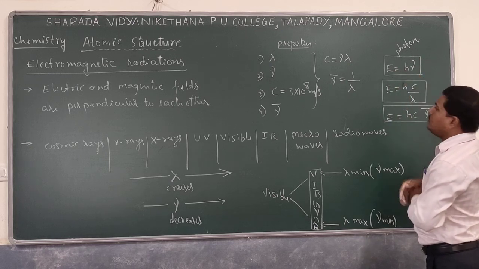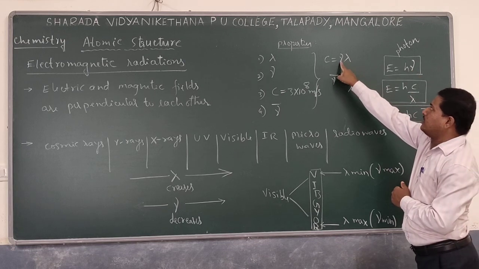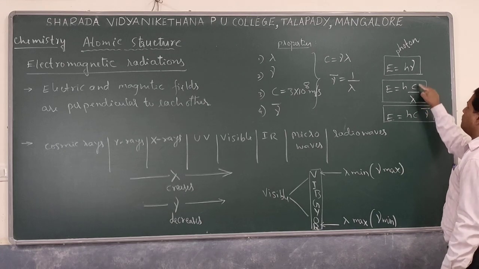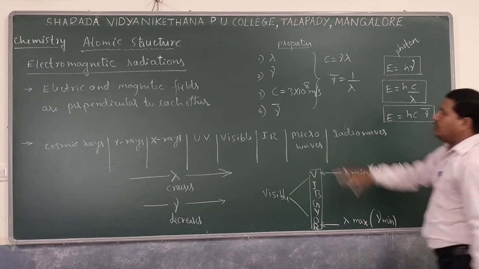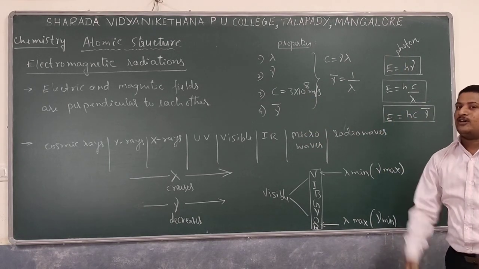E equals h nu is the energy, and nu, as we already know, equals c by lambda, so E equals hc by lambda, or in place of 1 by lambda if you substitute nu bar, E equals hc nu bar. So all these are the important relations one normally uses while solving a problem.